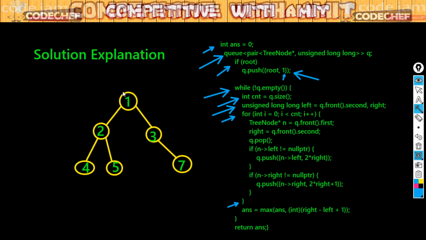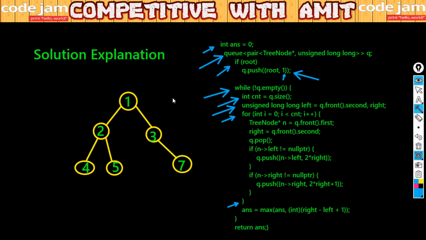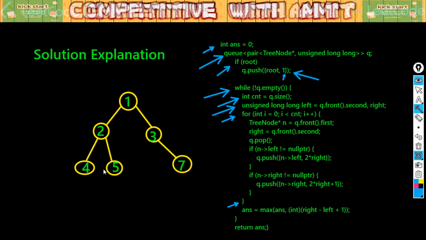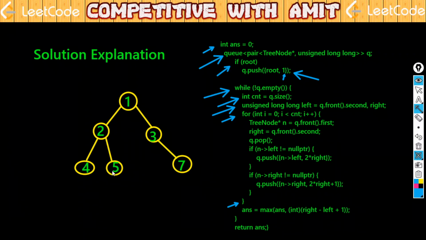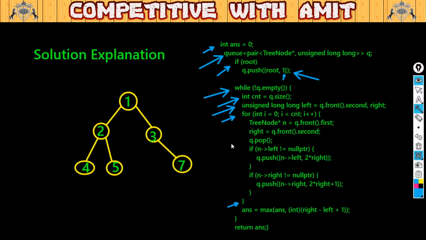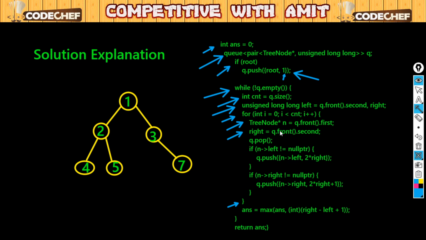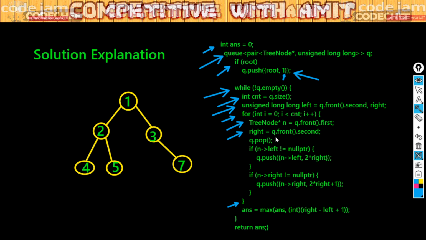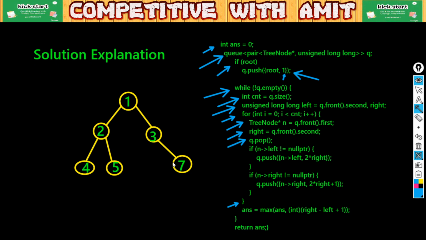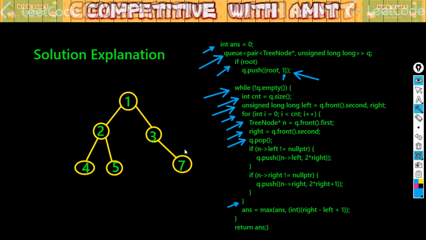Now we will make this value as right, because the value in this will be the rightmost till now. Suppose we are on this, so this value will be the rightmost. So these two conditions I have explained, the current node and the rightmost part after every execution. Now this value will be popped because we have traversed this.